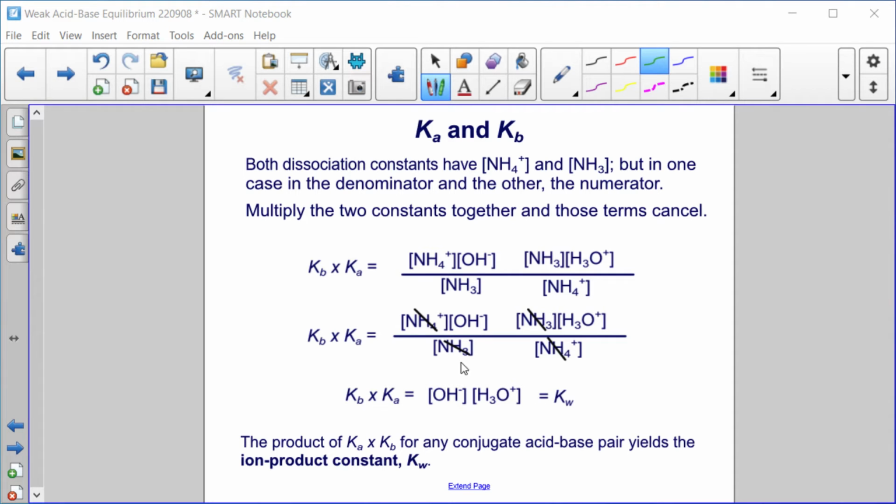We're left with hydroxide ion concentration times hydronium ion concentration, and that's a special value known as Kw, or K water. The product of Ka and Kb for any conjugate acid-base pair yields the ion product constant Kw.